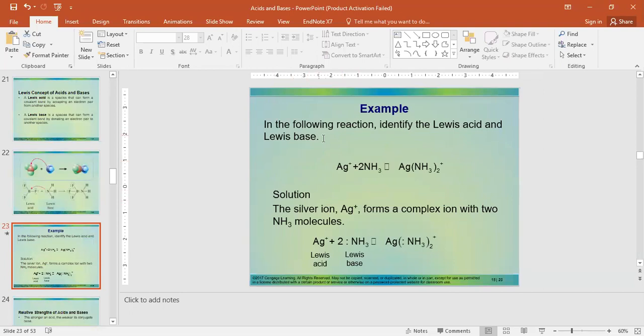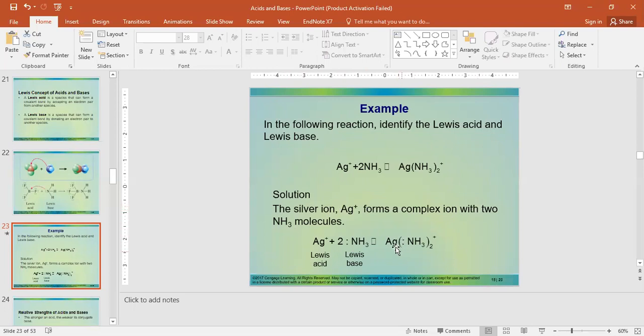So when you look at what is happening here, you have silver coordinating to two ammonia molecules. And remember, this silver here has already lost an electron. Therefore, you can see the silver ion forms a complex with two ammonia molecules.